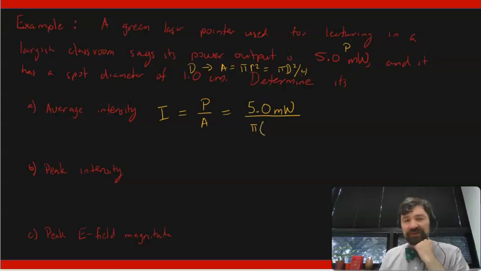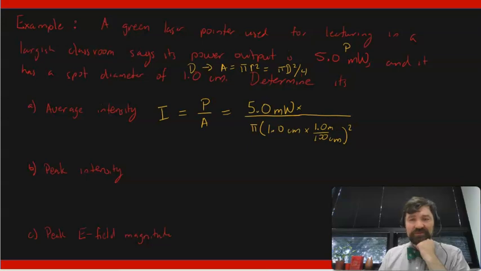So we'd have pi times 1.0 centimeters times 1 meter per 100 centimeters, squared, times 1 watt per 1,000 milliwatts, but times 4.